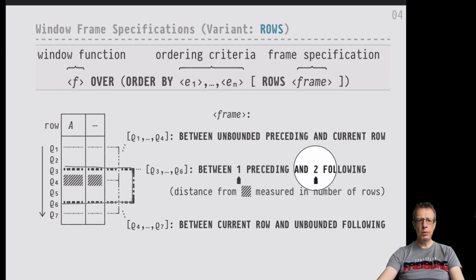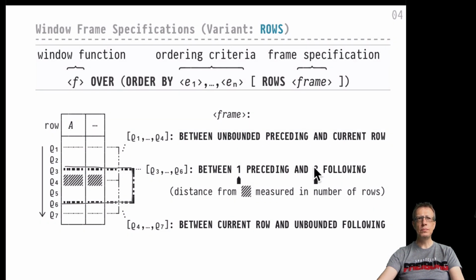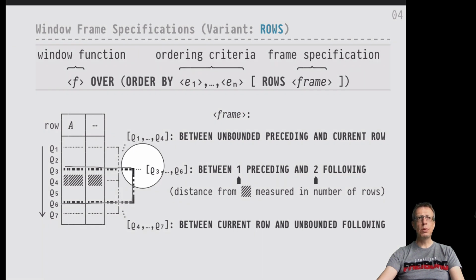Now it really becomes super crucial that rows are ordered, so it makes sense to talk about the one row before the current row and the 2 following rows in the ordering specified by the E1 to En expressions above. So row 4 is the current row, but row 3 would be included, and row 5 and row 6 would also be included because the 2 following rows are included as well. And that would make up this particular window around our current row.